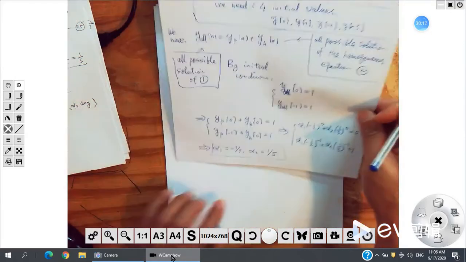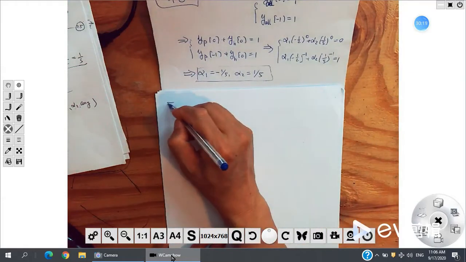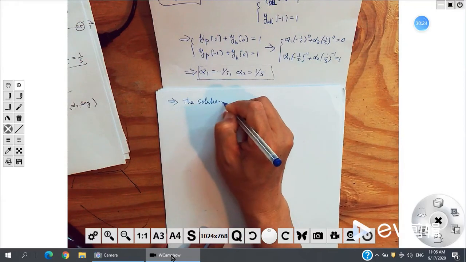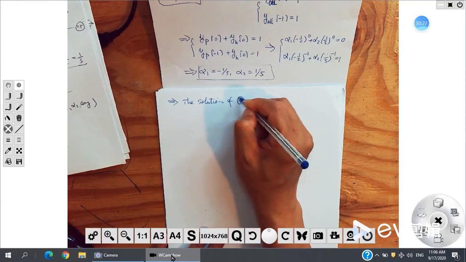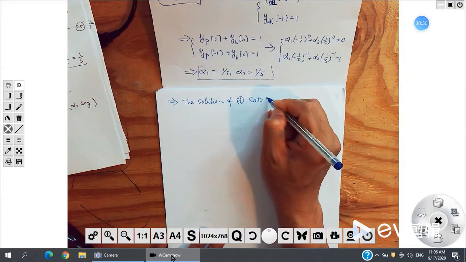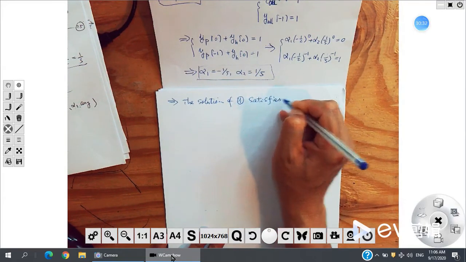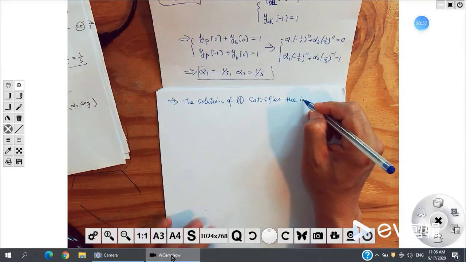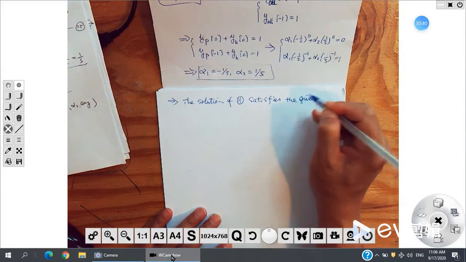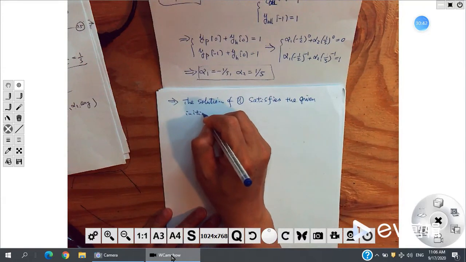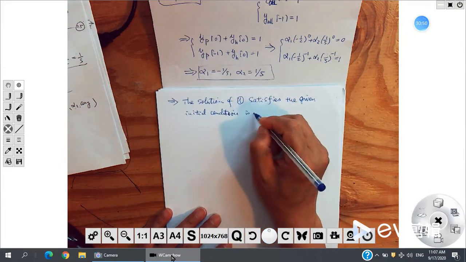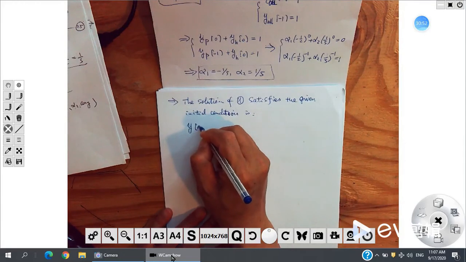So we have the solution which satisfies the given initial condition, which is y of n. Now I remove all.